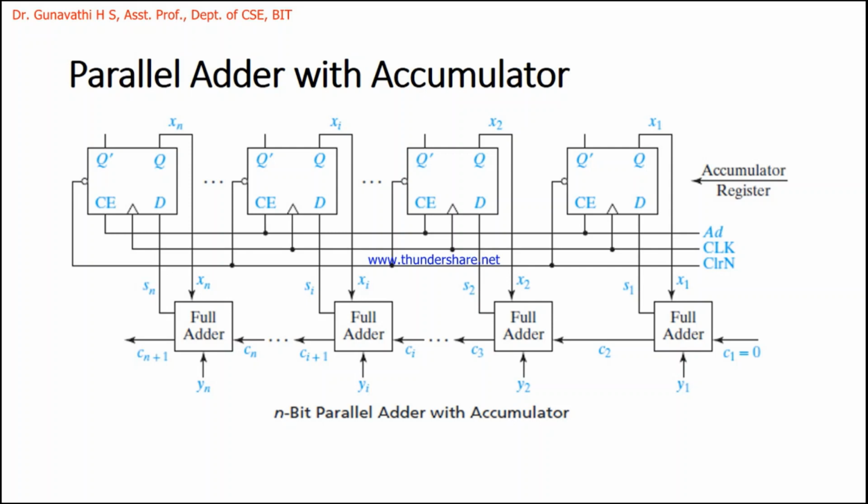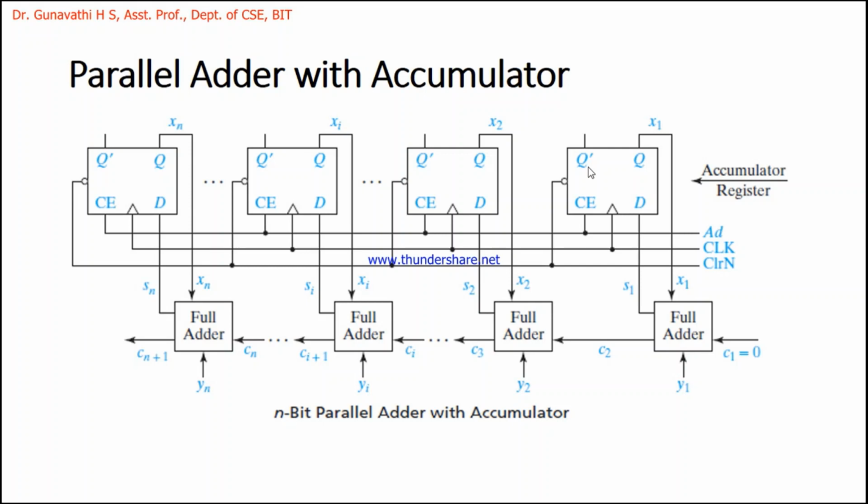Now what I'm talking about here is that whenever we are doing an addition, subtraction or any computation for that matter, we have a register called the accumulator. Accumulator is a register. This, along with one more register where we have the data, these two will be added together and the result will be stored back again in this accumulator register.